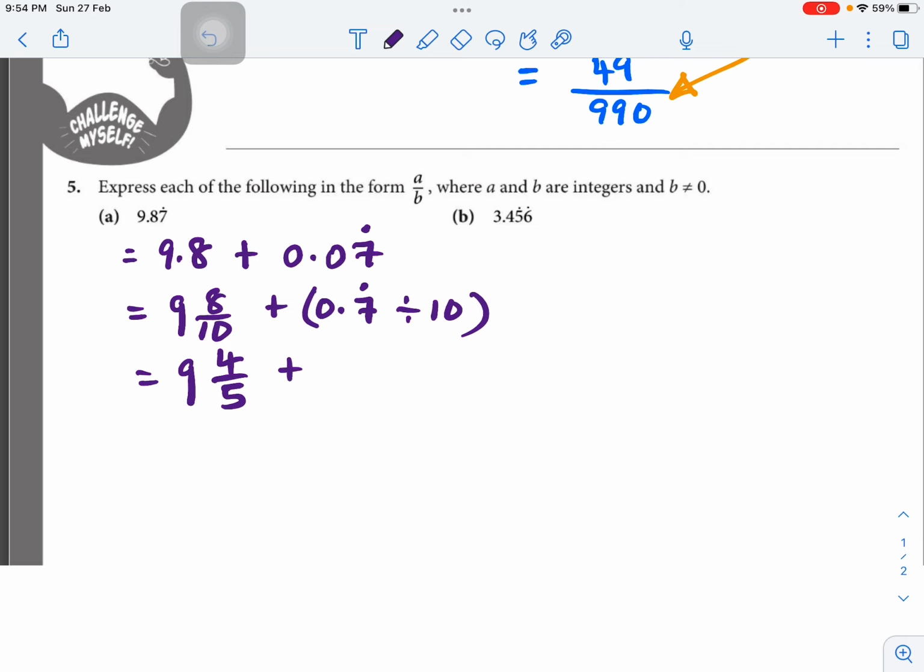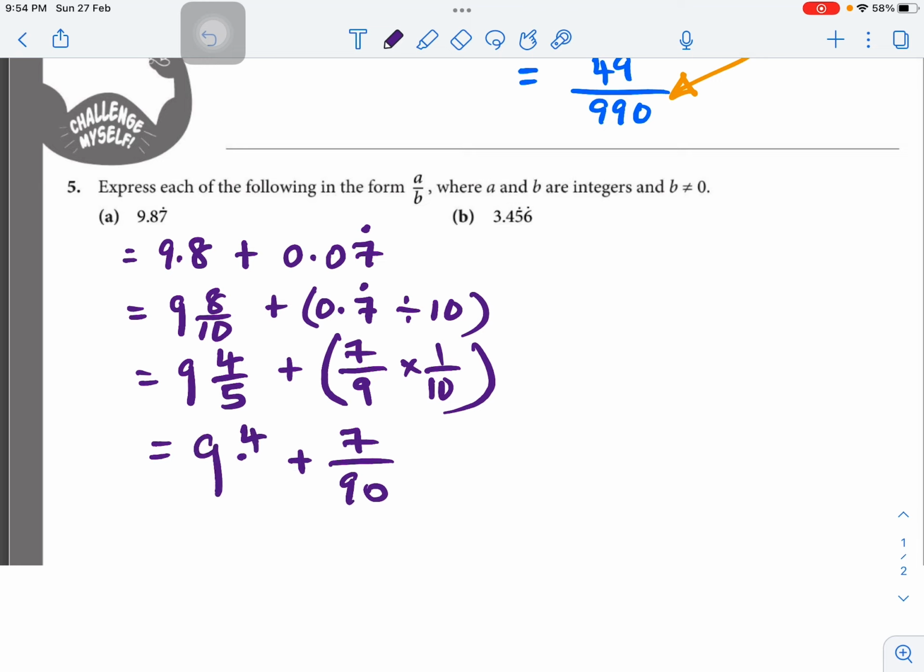And this one you have 7 over 9. You divide by 10, so that's 1 over 10. So that will give you 7 over 90 plus 9, 4 over 5. Let me use my calculator. You will eventually get 889 over 90.